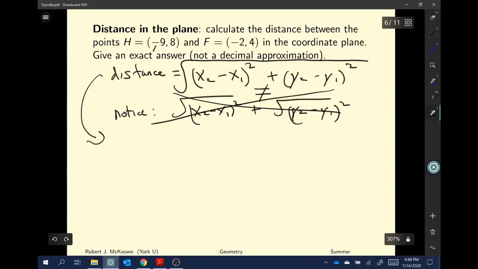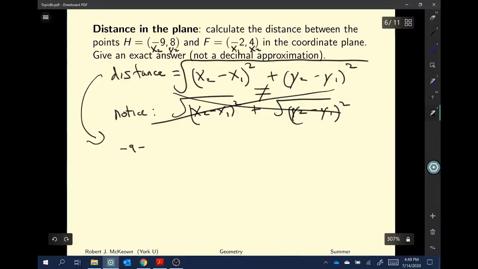So looking back at the question, let's call this observation x2, and that 8 will be our y2. So h is going to be our second observation, and we'll let f be our first observation. So we'll call this x1. We'll call that x2. Now all we have to do is plug in the numbers.